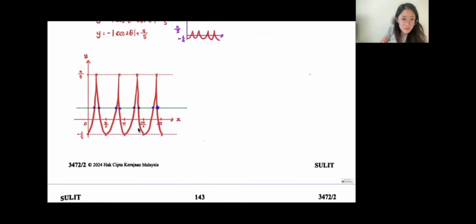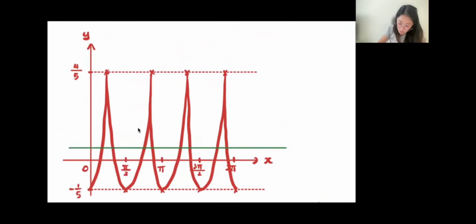Correct or not? So basically, over here, in between 4 over 5 to -1 over 5, you will also get 8 values. Because over here I'm joining the lines already because I pulled it too long. As you can see, actually it is touching here only. It is touching at this point only.